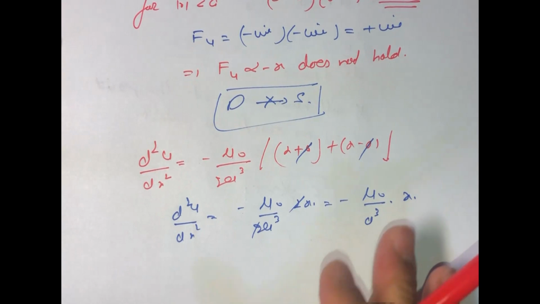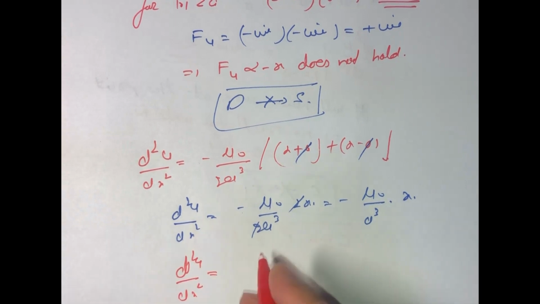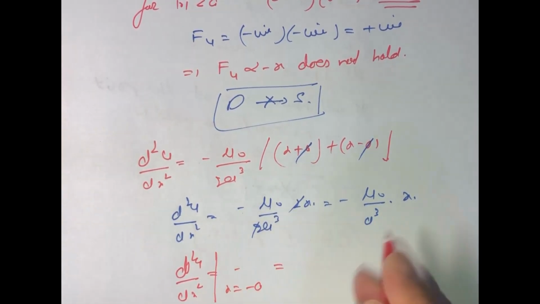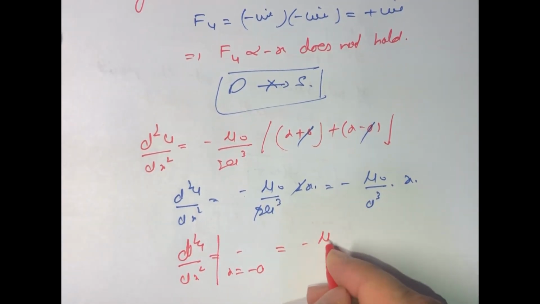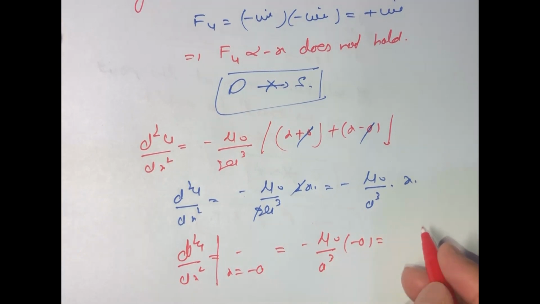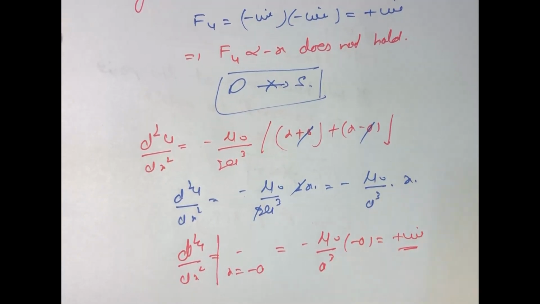We find out its value at x is equal to minus a. Double derivative is equal to minus u0 upon a cube multiplied by minus of a, which will be a positive, greater than 0.